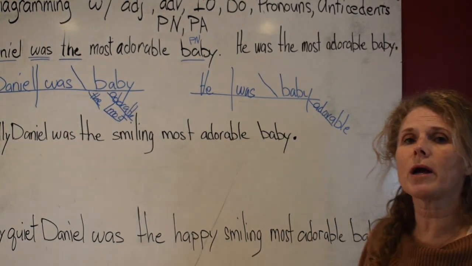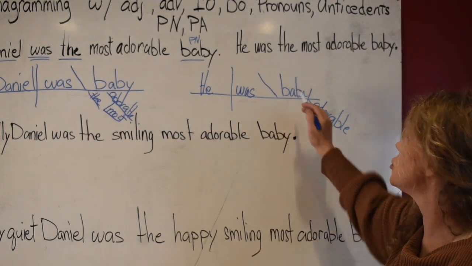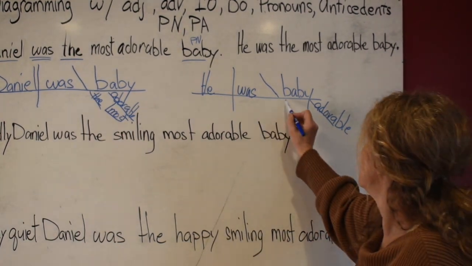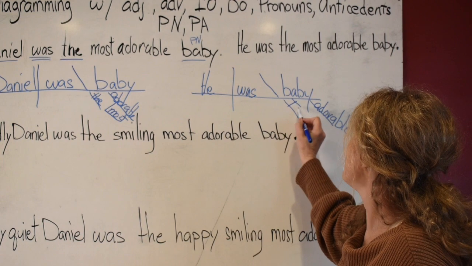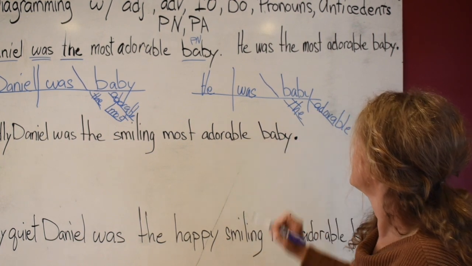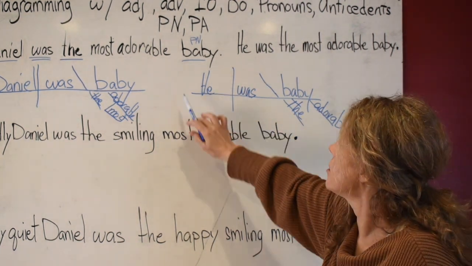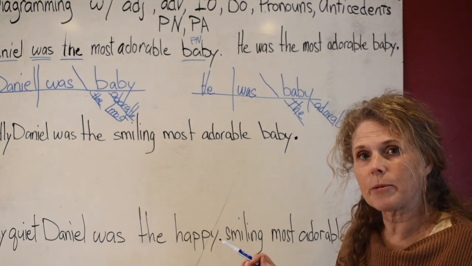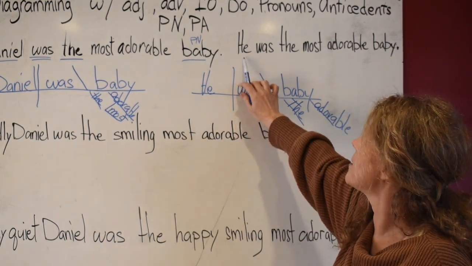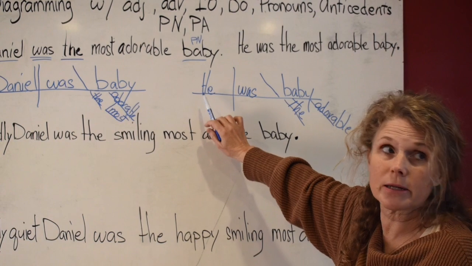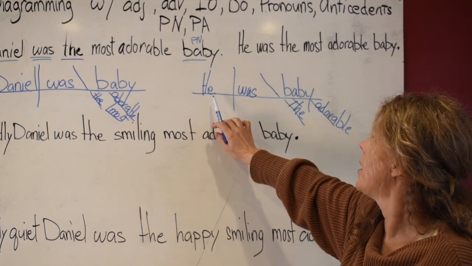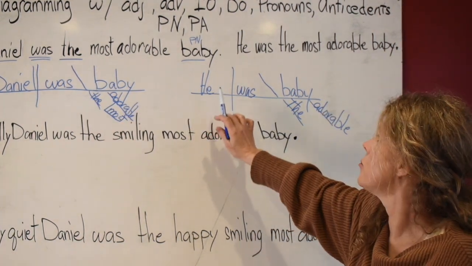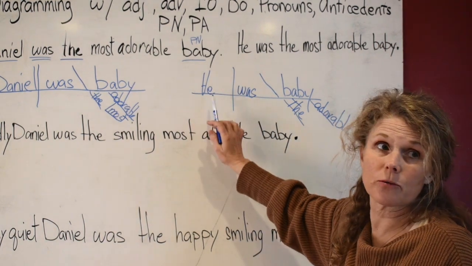Now you can ask what kind. What kind of baby is he? He's an adorable baby. It's the baby. Now remember, also, wherever the capital letter is in the sentence, you have to capitalize it on the line. So we know that he started it.